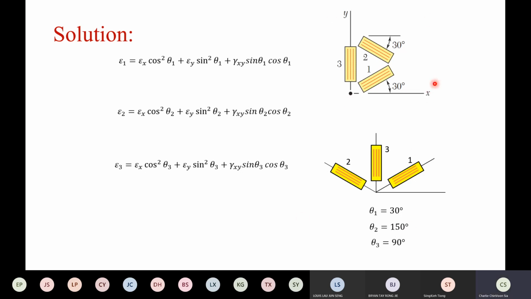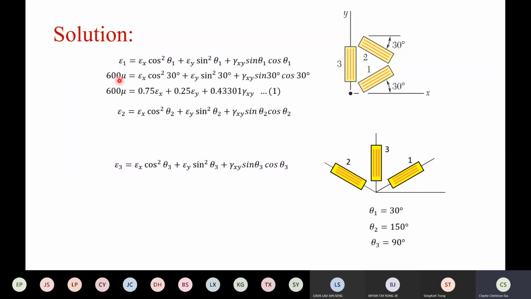This is the first step: you need to know theta 1, theta 2, and theta 3. The first equation is for strain gauge number 1. Strain 1 we know the value, it's 600 micro, the measured given value.